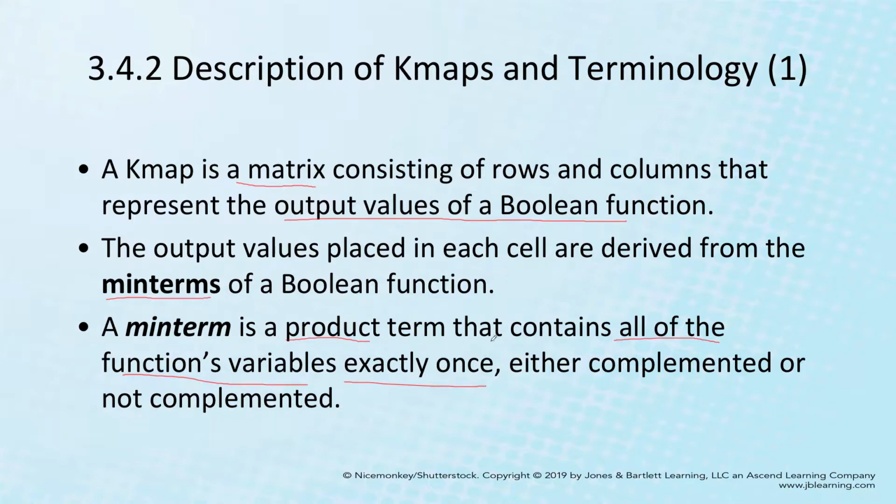If you have a function with two variables x and y, then a minterm could be xy, since all of the variables appear either complemented or uncomplemented. Other minterms are x'y, xy', or x'y'. So with two variables, a function has four minterms.